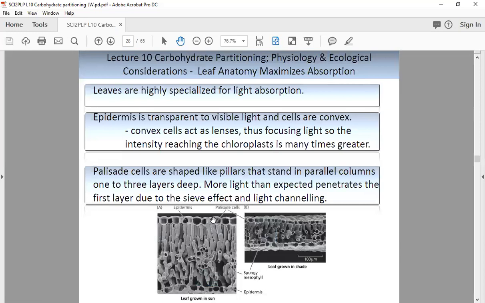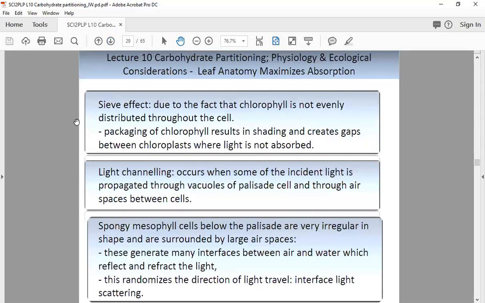These 2 factors are referred to as the sieve effect and light channeling. So let's look at those 2 effects. The sieve effect is due to the fact that chlorophyll pigments are not evenly distributed right through the cell, but they're confined, of course, within the chloroplast organelles.